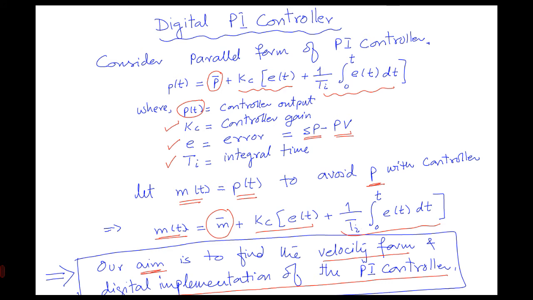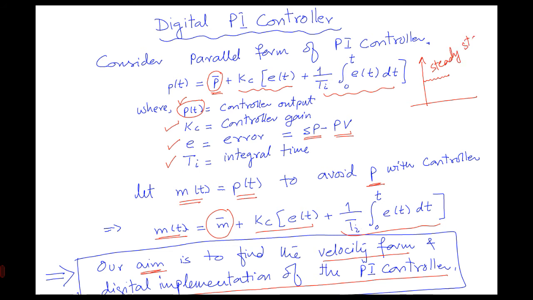Considering we have a parallel form of the PID controller, we can represent the valve position, the controller output, as PT, and we have a bias term here. This is a steady state, assuming the process is at steady state, and this is the value.